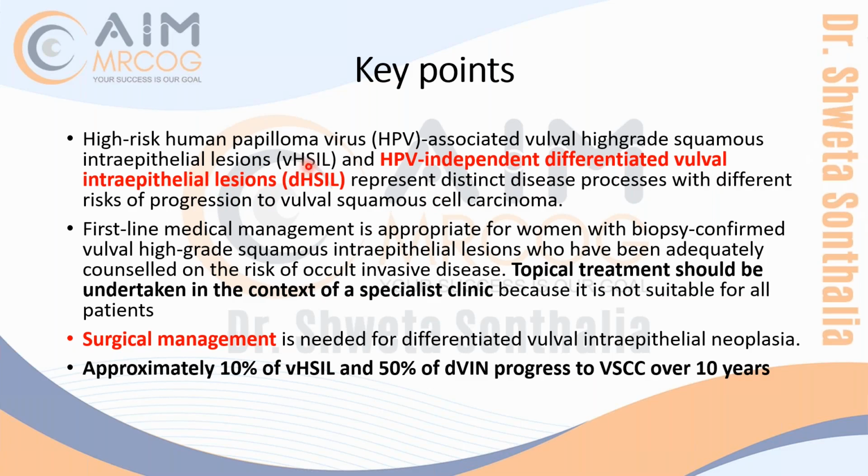So the short form is VHSIL. And the HPV independent one, or differentiated one, is called DHSIL. So VHSIL and DHSIL is the new classification. So it's not the usual type and differentiated type anymore. It's vulval and differentiated type. So vulval is the one which is HPV associated because it's the more common one.